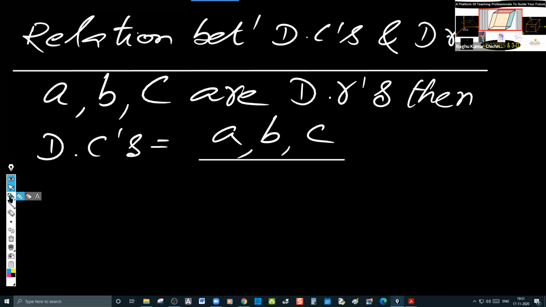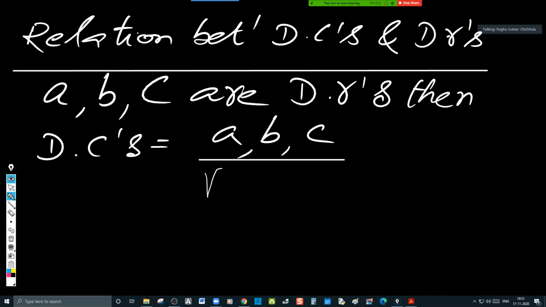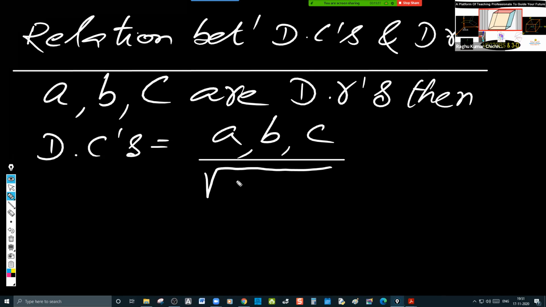Simply you have to divide A, B, C with the root over A square plus B square plus C square. So the relation between DCs and DRs is that they are proportional. DCs and DRs are proportional.